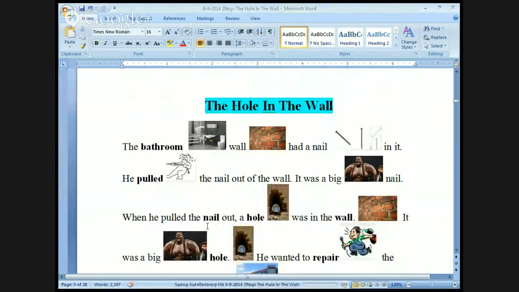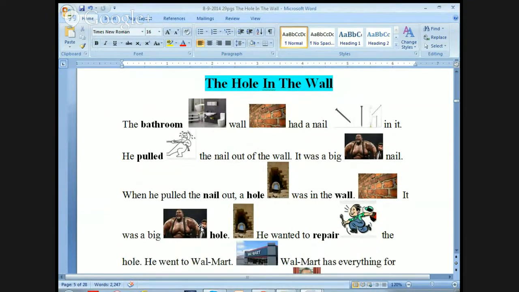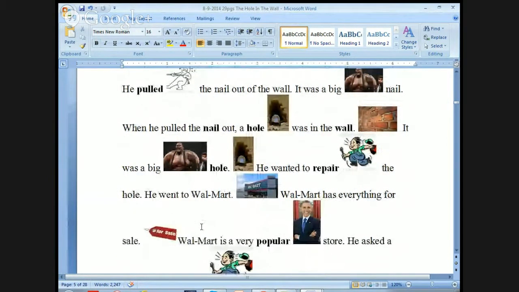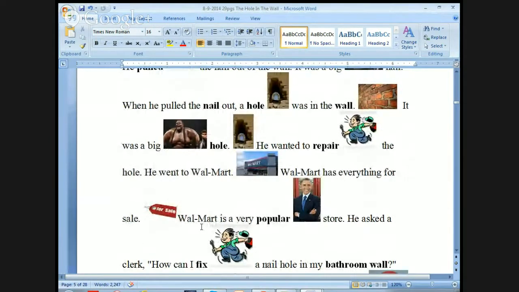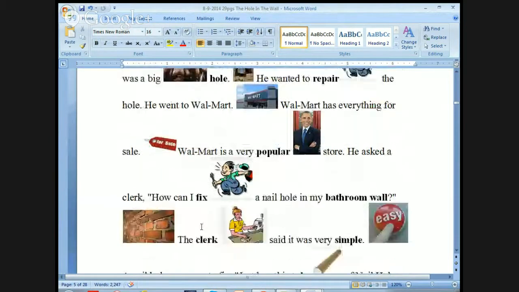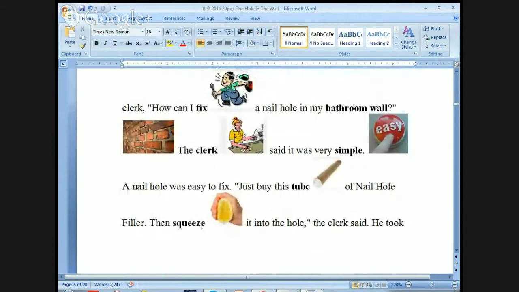The bathroom wall had a nail in it. He pulled the nail out of the wall. It was a big nail. When he pulled the nail out, a hole was in the wall. It was a big hole. He wanted to repair the hole. He went to Walmart. Walmart has everything for sale. Walmart is a very popular store. He asked the clerk, how can I fix a nail hole in my bathroom wall?